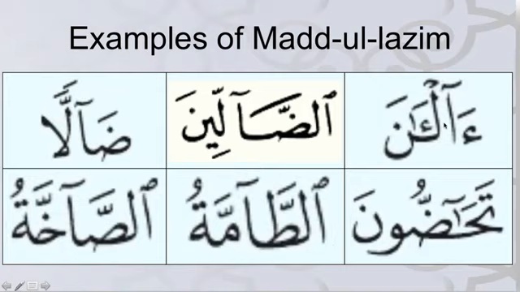But the next letter is not a shadda letter. This is an exception. We will go into details of this when we cover maddul lazim and ahkam al-madud, why this is an exception to the rule. But rest assured, this is the only word in the Quran that has this exception. And it only occurs twice in the whole Quran.